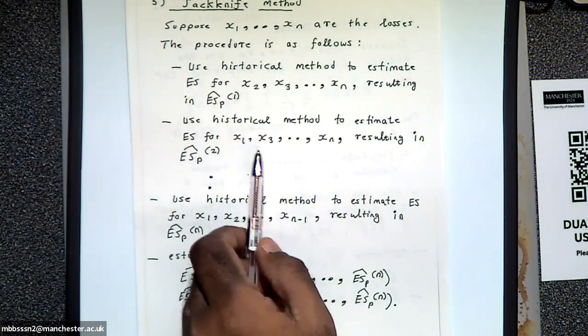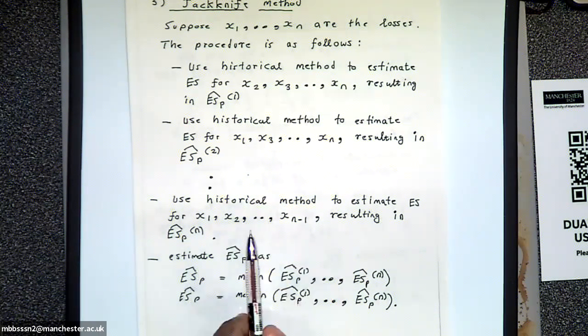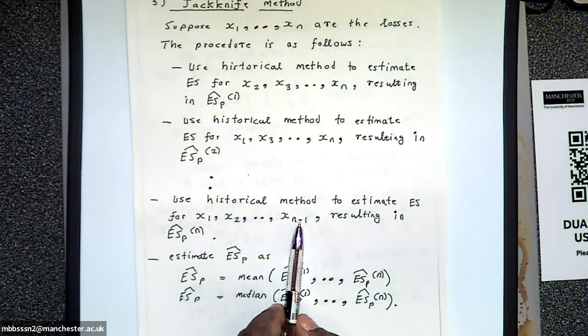And the second step, you do the same thing, but remove the second data point. And the final step, you do the same thing, but you remove the nth data point. All right. So every time you remove a single data point and estimate the expected shortfall by the historical method.